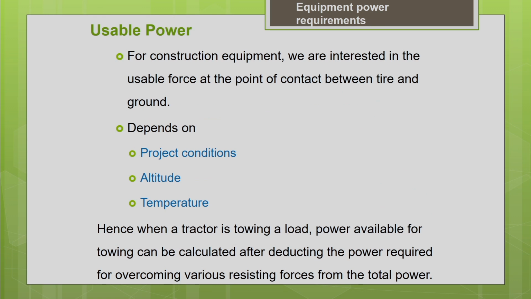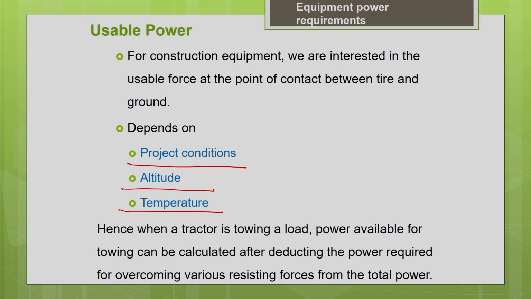So now let us see what this usable power is. Out of the available power prescribed by the manufacturer, how much power becomes usable to you? That depends upon your project conditions, the altitude of your project site and the temperature at your place. Because as I told you, the horsepower rating is done at a particular atmospheric pressure and at a particular temperature.